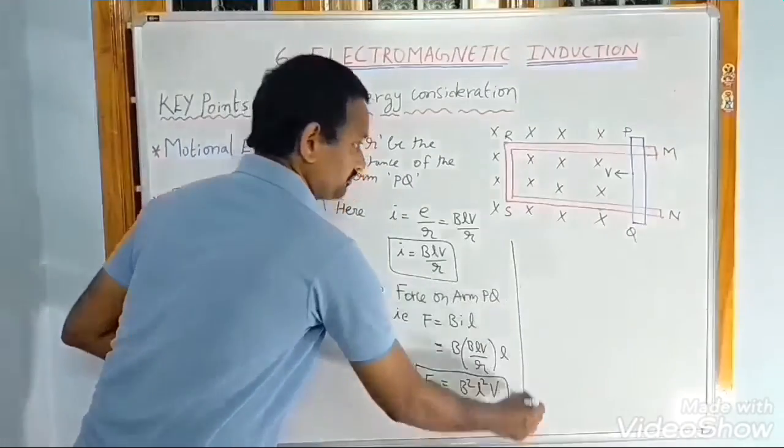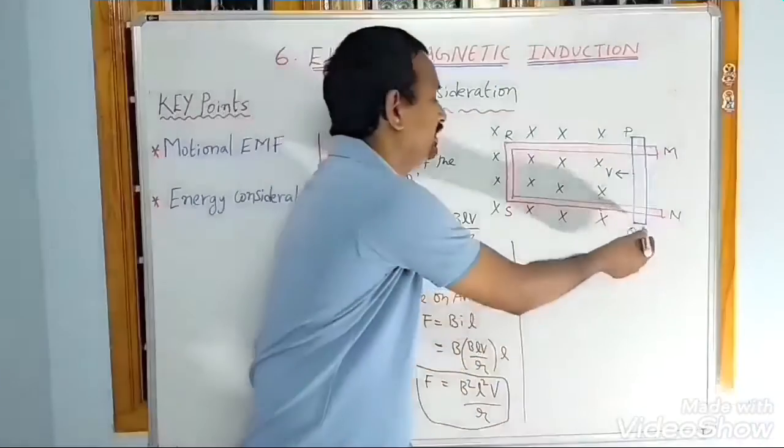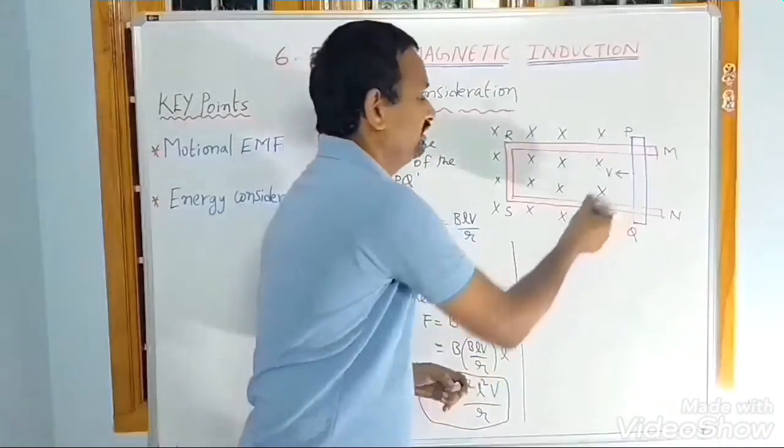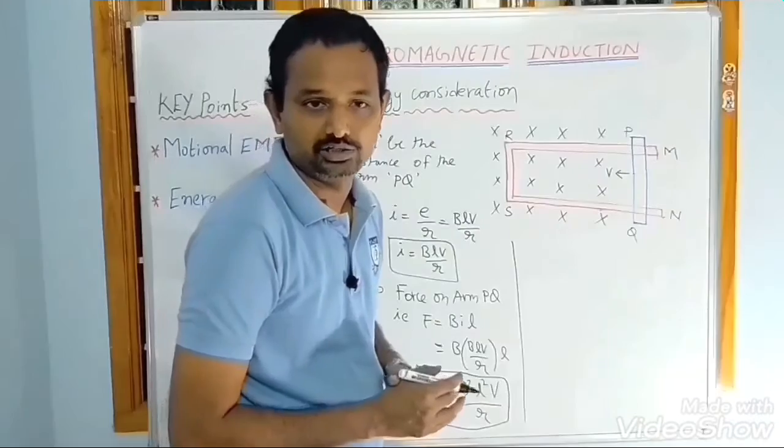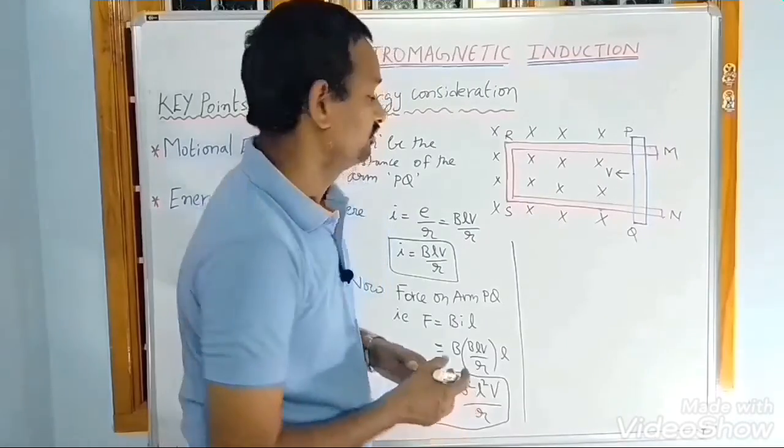This arm PQ is moving with a speed V, so we can calculate the power.